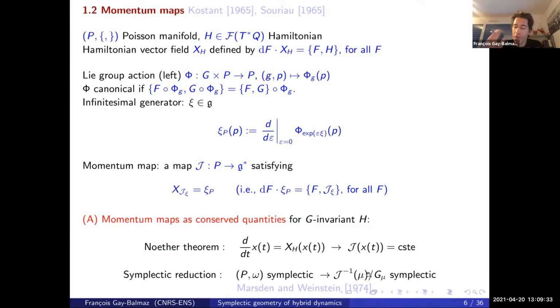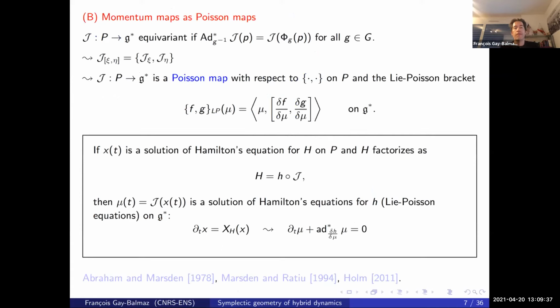But in this talk, we will see another very useful property of momentum maps. I would say this slide is the fundamental slide that will guide us through the rest of the talk. So, momentum maps as Poisson maps.